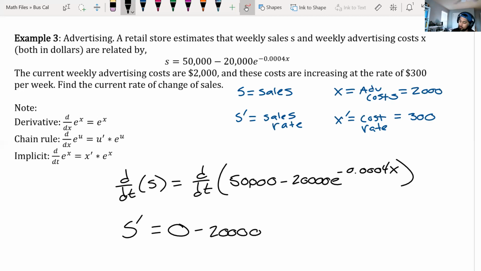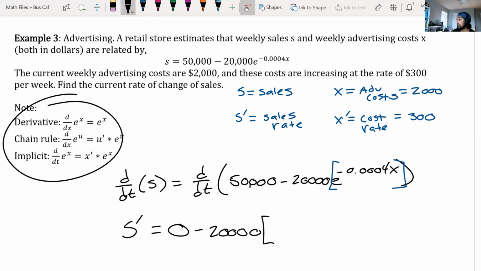Now here comes the hard part. So we need the implicit derivative of e to the negative 0.004x. And now this is where this side note comes in handy. So we know the derivative of e to the x is e to the x.